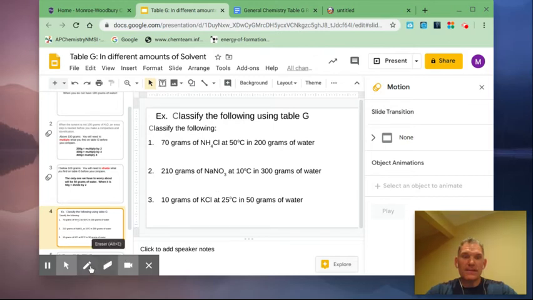This first one, it says, classify the following: 70 grams of NH4Cl, ammonium chloride, at 50 degrees Celsius in 200 grams of water. Now, in the first episode yesterday, we saw always 100, 100, 100. We didn't do anything different. It was just look it up, find the answer. For these, we must be careful because now we see that it's different amounts of solvent. So this says 200 grams of water, right, at 50 degrees Celsius, ammonium chloride.